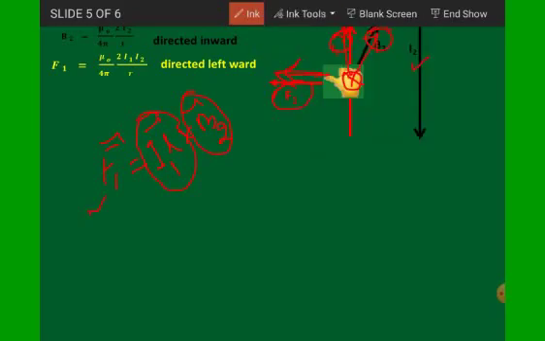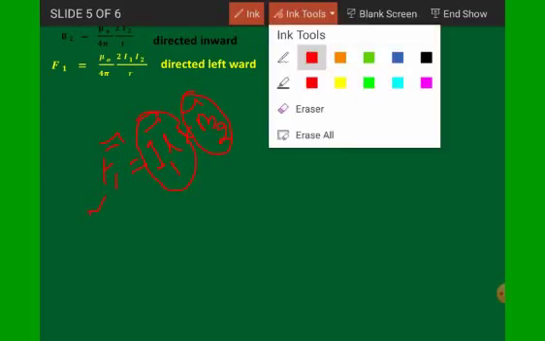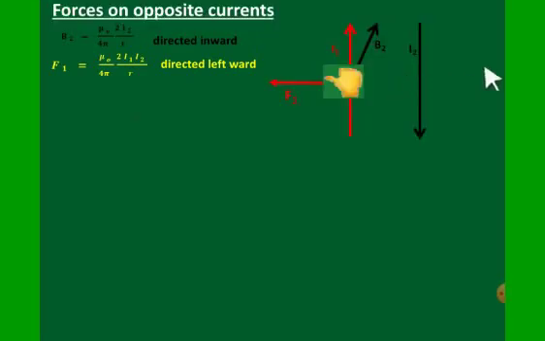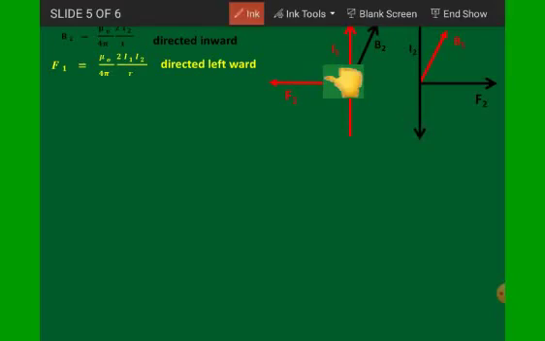So let's see the force experienced by the other conductor. Now we have to assume that the magnetic field due to this current I1 is getting inward, perpendicular to the plane of the screen. So when the magnetic field is getting inward and the current carrying conductor is downward, you need to apply the cross product for F2.